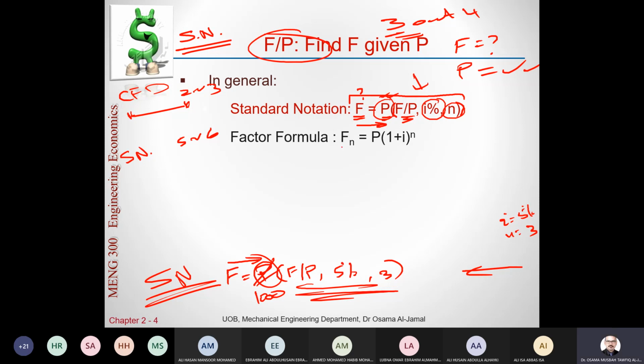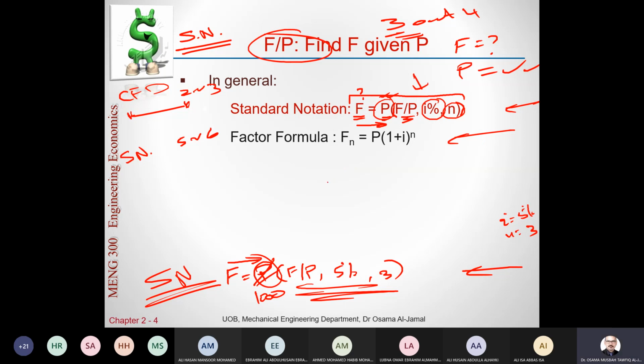Factor formula: Fn equal to P, (1 plus i) to the power n. Can we use this to solve using Excel? Yes, we can. What will be the formulas for Excel? Exactly like what we did in here for those two.